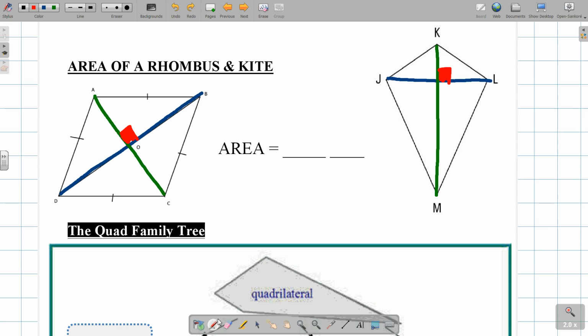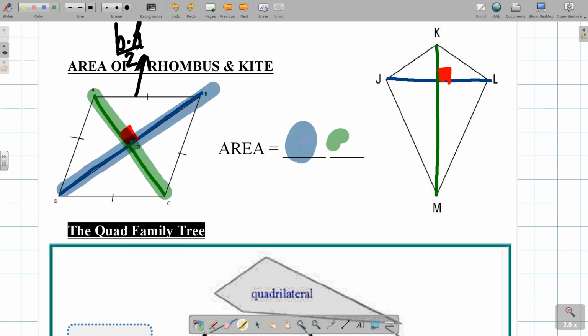Now, a rhombus also qualifies as a parallelogram. So technically, you could do base times height over 2. But for both of these, you simply take the length of one diagonal times the length of the other diagonal, and you divide by 2.